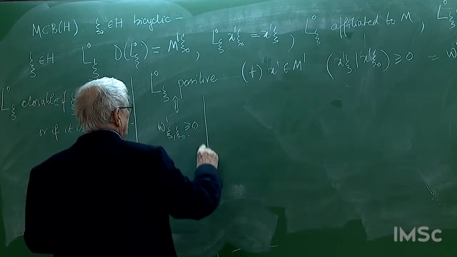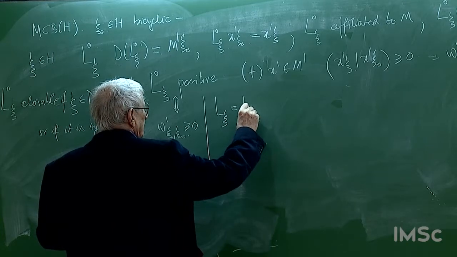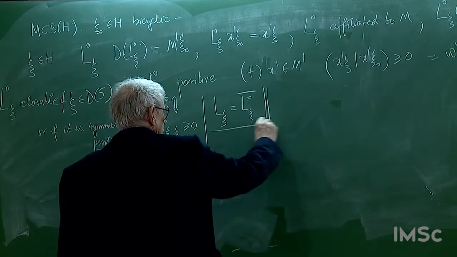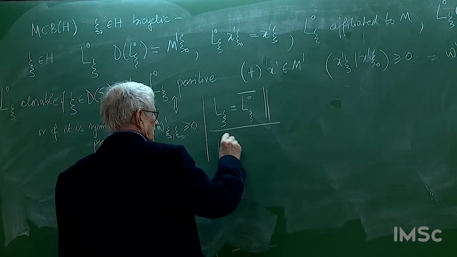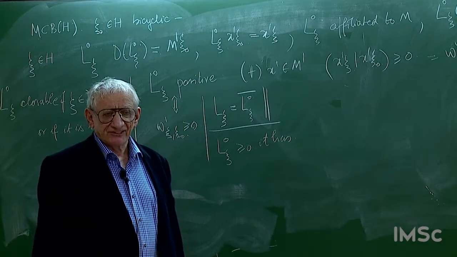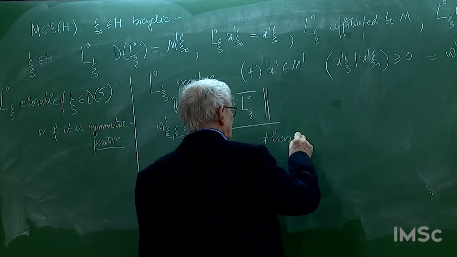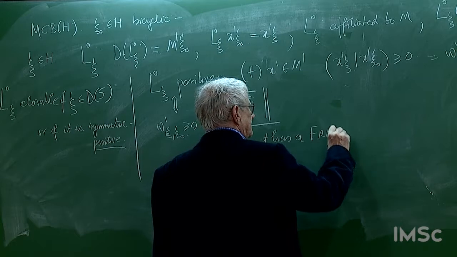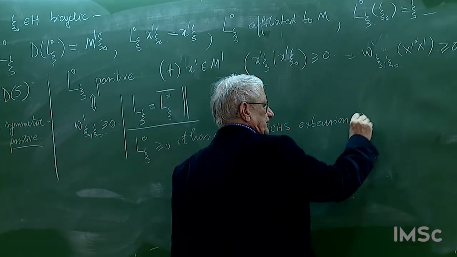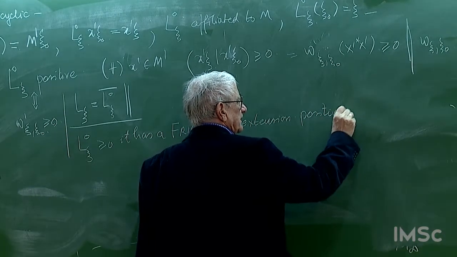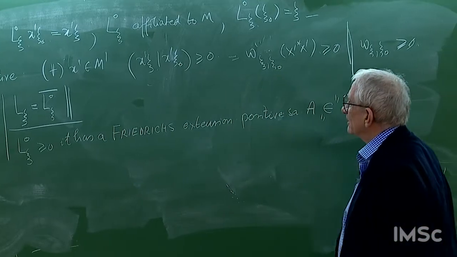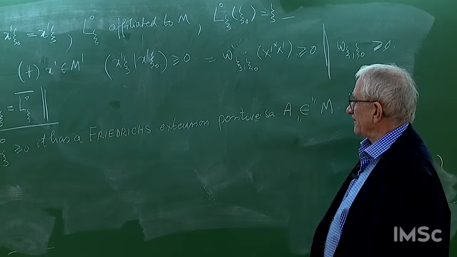Good. I will denote by L psi the closure of L psi 0. But on the other hand, because L psi 0 is positive, it has a self-adjoint positive extension, namely the Friedrichs extension, which is a positive self-adjoint A, which is still affiliated to M, as was the operator L0 psi.